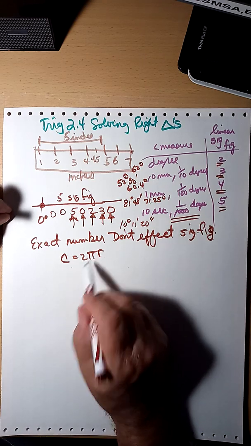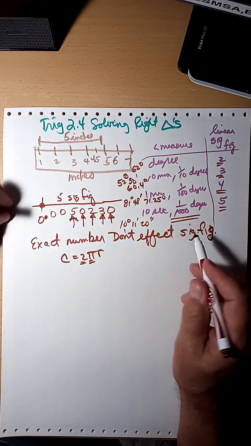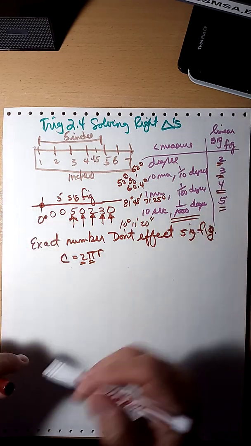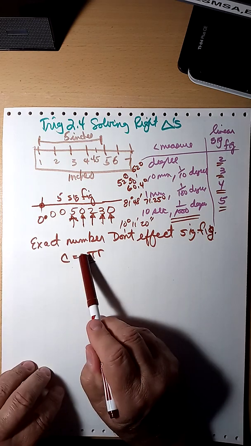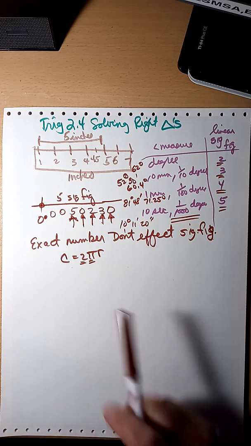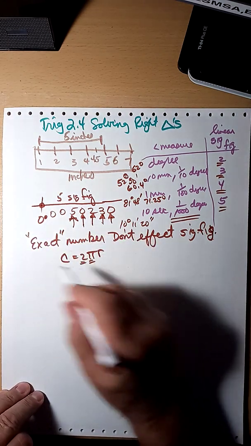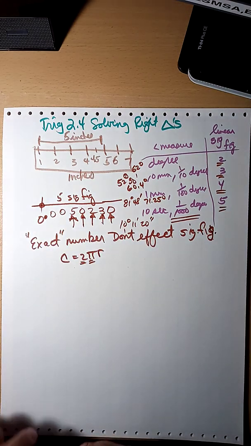But this 2 and the pi are things that you don't include in your calculations of significant figures. They're not going to give you too few or too many of those to choose from. So exact numbers, whatever exact might mean, pi is exact only because we can't write them down.